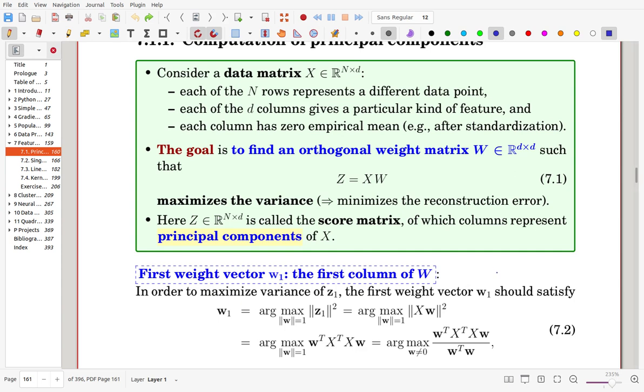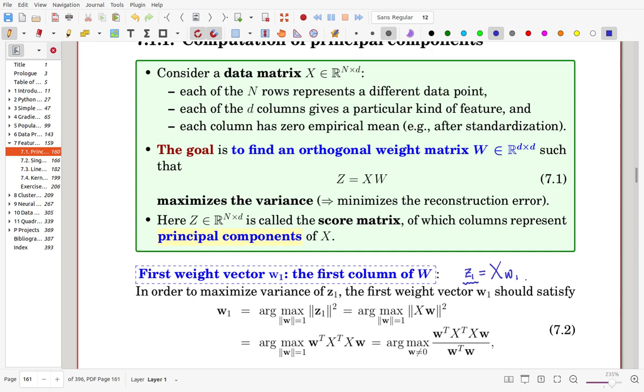Now here, X, and we have weight vector W1, then it'll give a vector Z1. Now we'll try to maximize Z1, and we'll try to find the W1 such that this multiplication is maximized. That is a mathematical formulation.